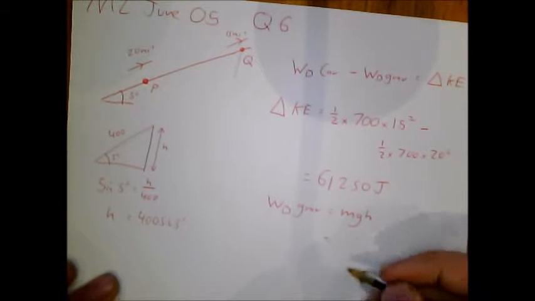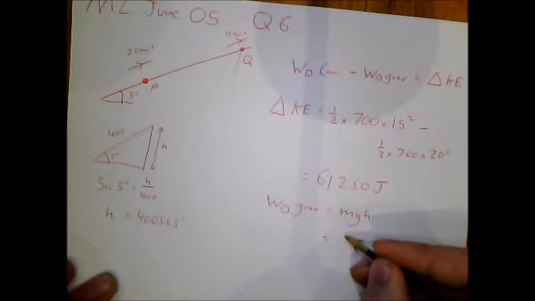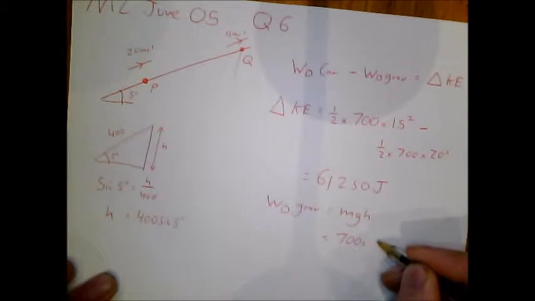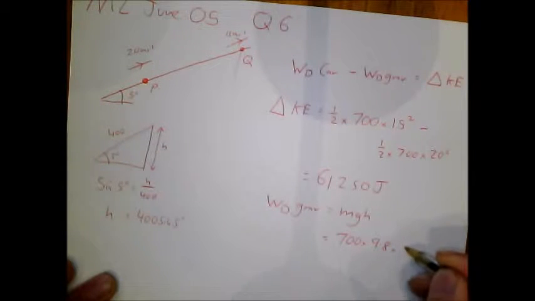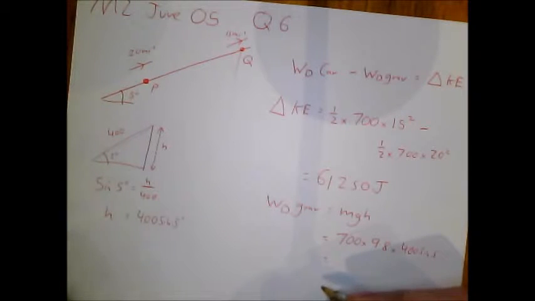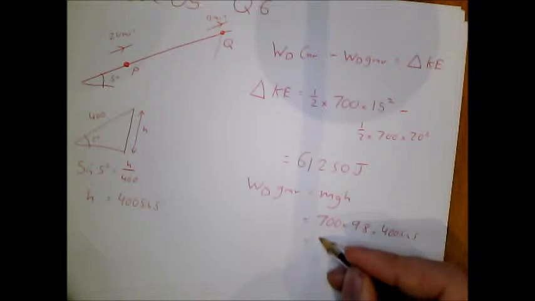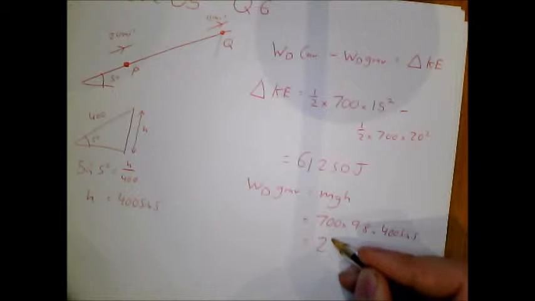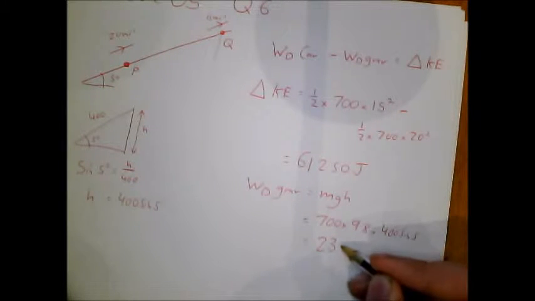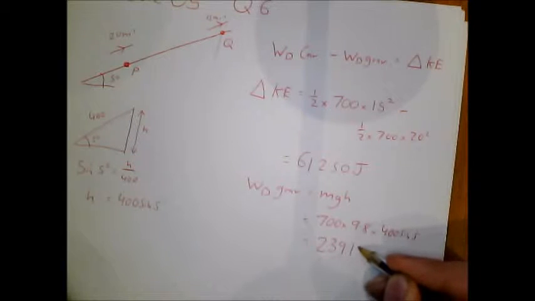So let's work out the work done by gravity. So the mass is 700 times 9.8 times 400 sine of 5 degrees. And this gives us a work done by gravity of 239,155 joules.